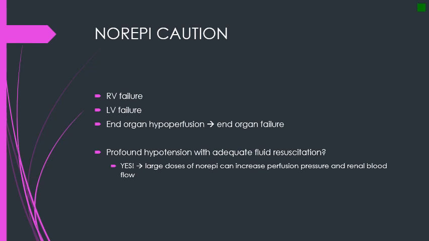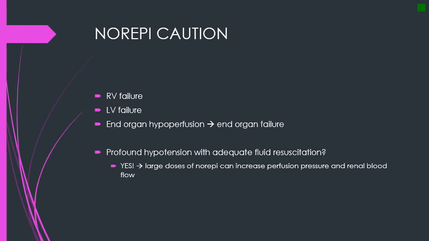So you have to consider that whenever you're utilizing it for patients with heart failure. You have to take into consideration their comorbidities and if that's the most appropriate medication for them. It does produce end organ hypoperfusion, so these patients can develop end organ failure, especially if they're on these drips for a considerable amount of time.